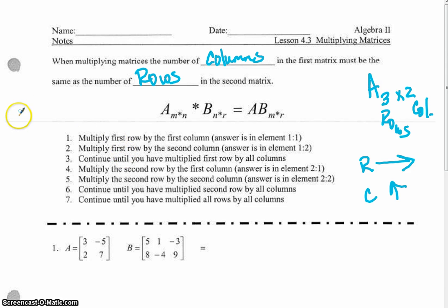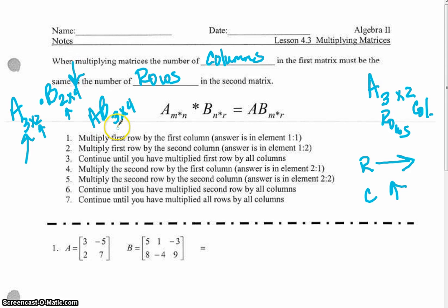So if I had A that's a 3 by 2, and I want to multiply it by B that is a 2 by 4, you got to look at the number of columns in the first one, which is your second number, and the number of rows in the second one, which is your first number. They have to be the same. They're both 2, so yes, it works. And it would become AB, and it's going to be a 3 by 4, because the number on the outside tells you what the dimensions of the new one will be.